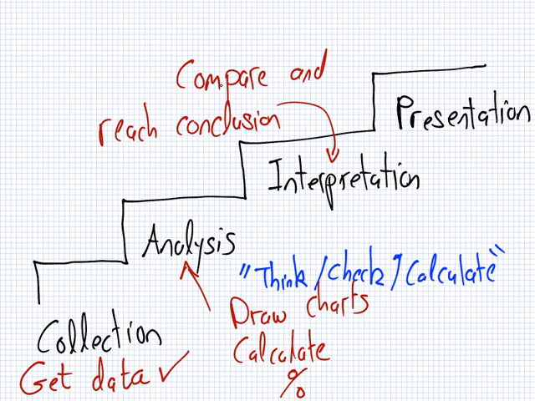So interpretation is maybe you compare the data, make an opinion, make a conclusion. So for example, maybe I can look at the IELTS score of the students in this class and compare it with the students from last year, and then maybe my conclusion is this class is smarter than last year, which you agree with. Yes, totally.